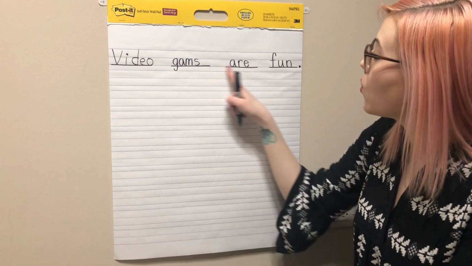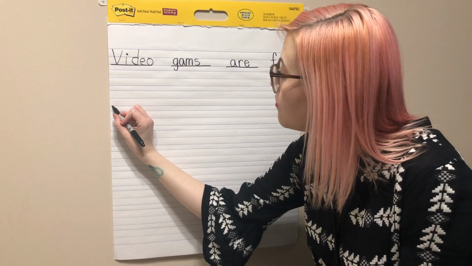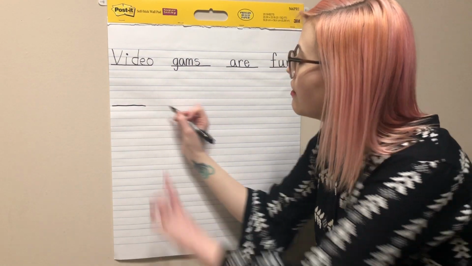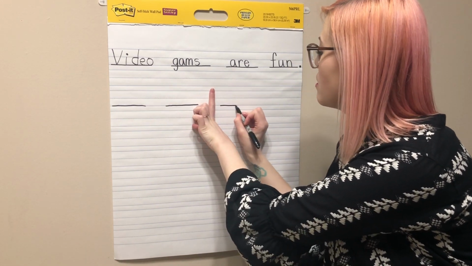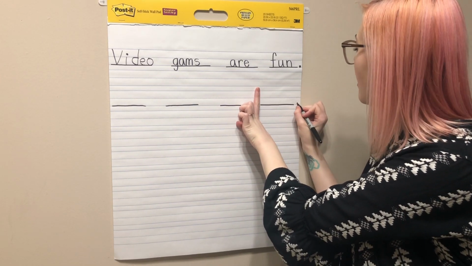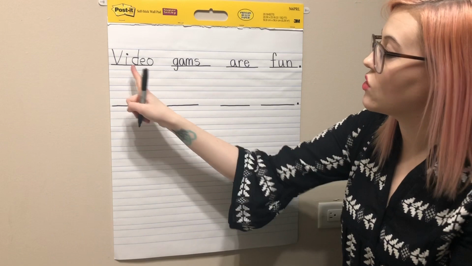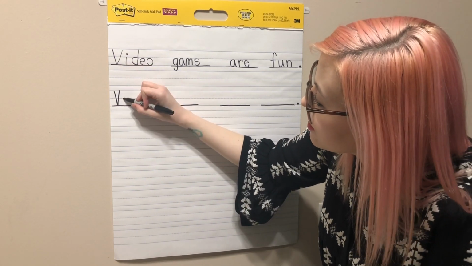So I need 4 lines, 1, 2, 3, 4 for my whole sentence. 1 finger space, 2 finger space, 3 finger space, 4. Add a period. Okay, so my first word's going to stay the same, and I already stretched it out, so I'm just going to copy it.